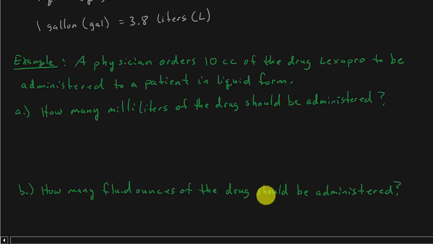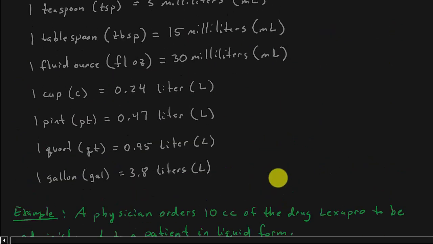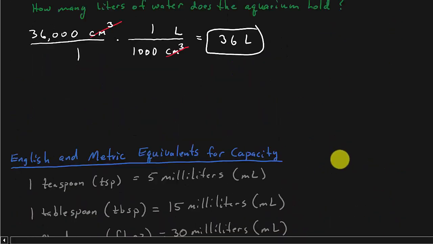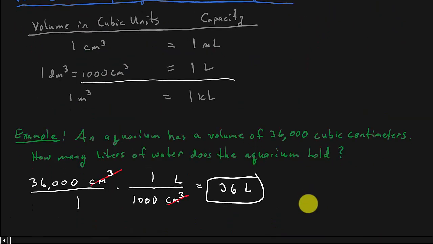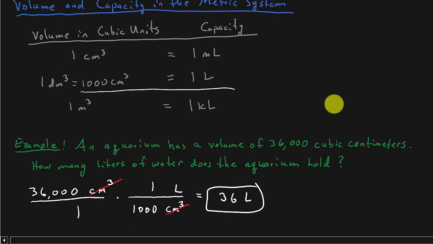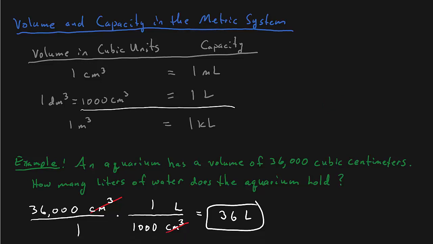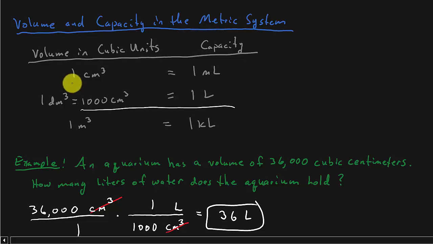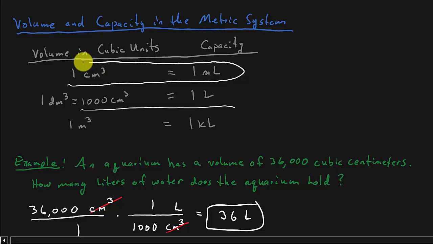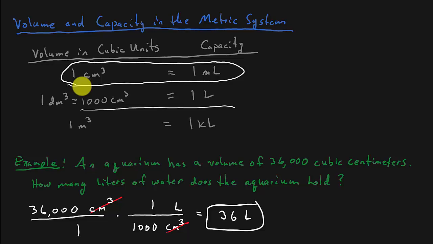Let's see if there's anything dealing with that. We got to go from cubic centimeters to milliliters. Well, there you go. Look at that. 1 cubic centimeter is 1 milliliter.